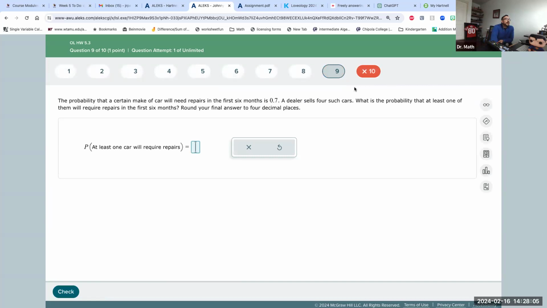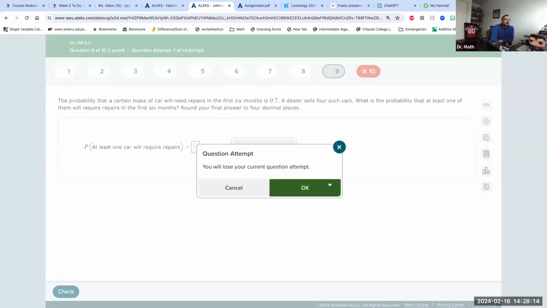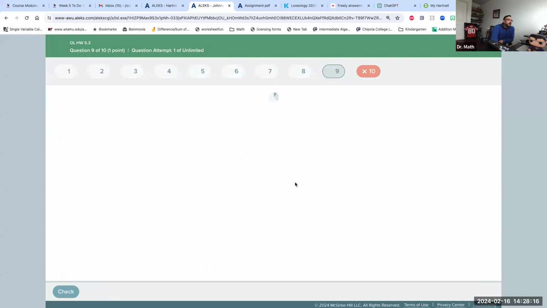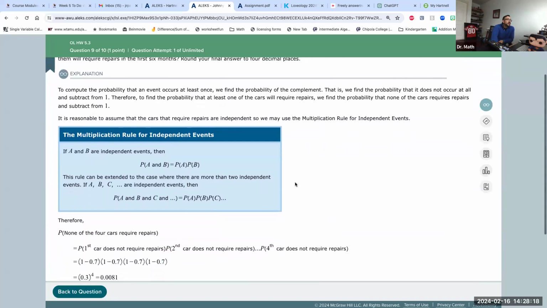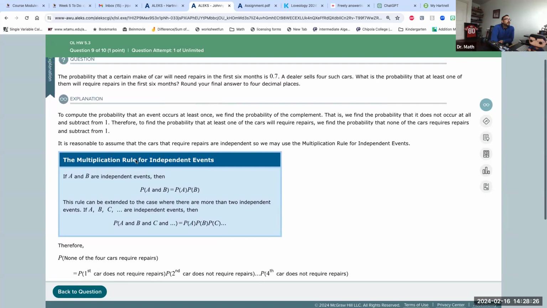And then with number 9, we have a similar situation where we're going to have to use a complement because there's that word again, at least one. So in the explanation, again, same thing. Notice they go ahead and tell you that you're going to use 1 minus 0.7. Why is that? Look what it said.